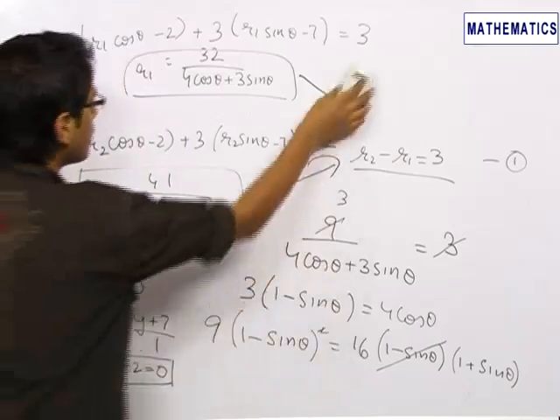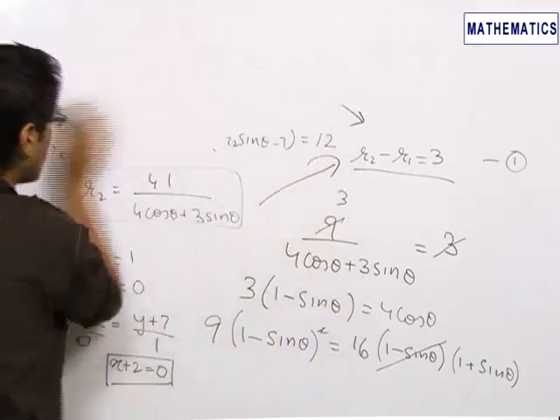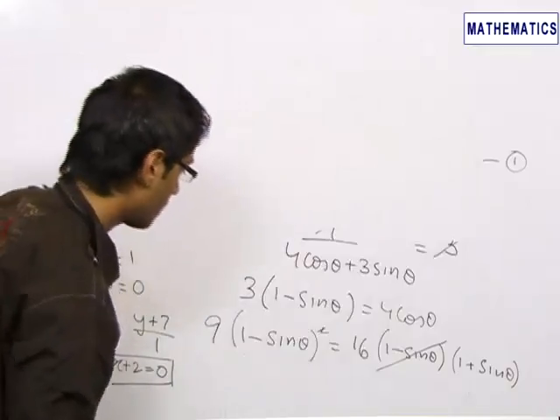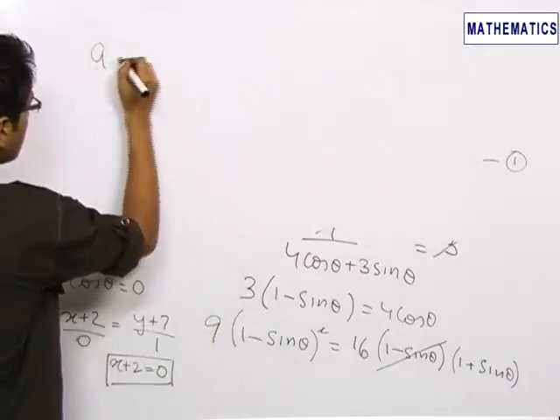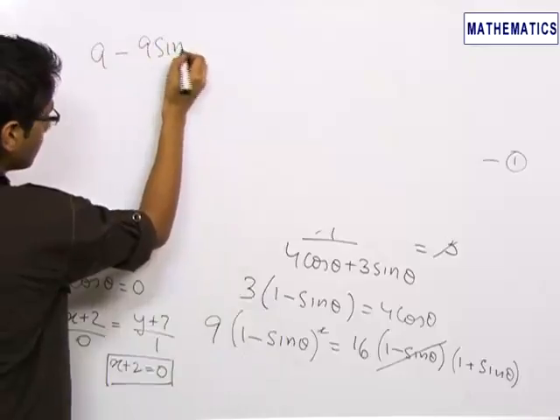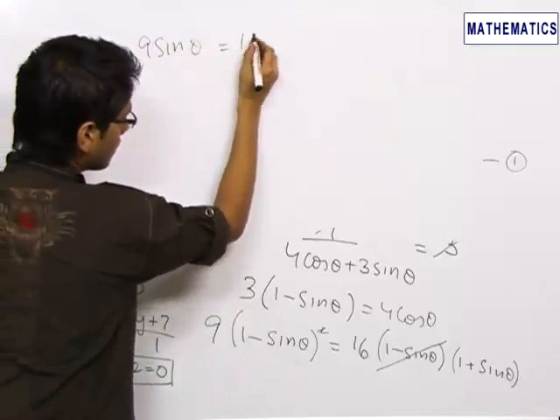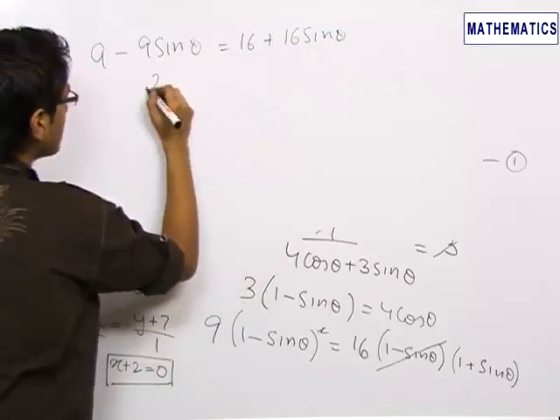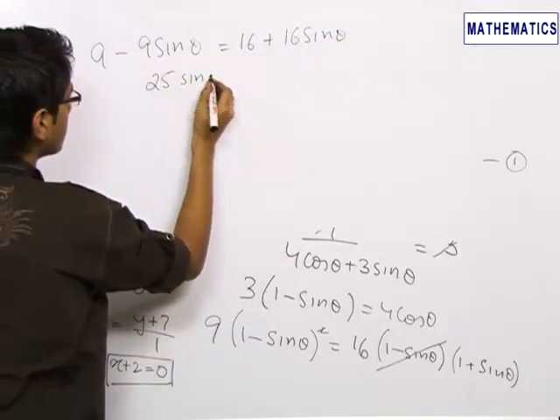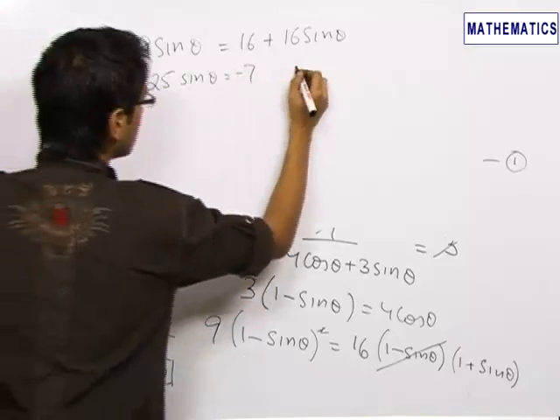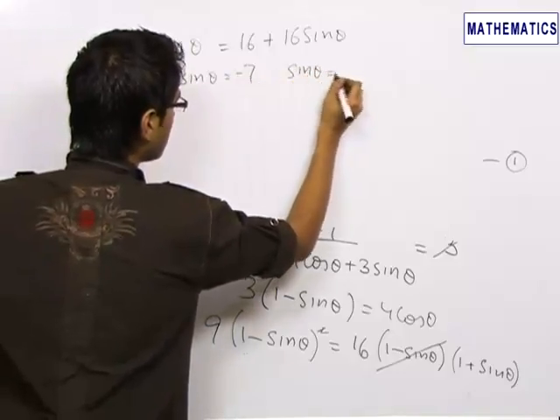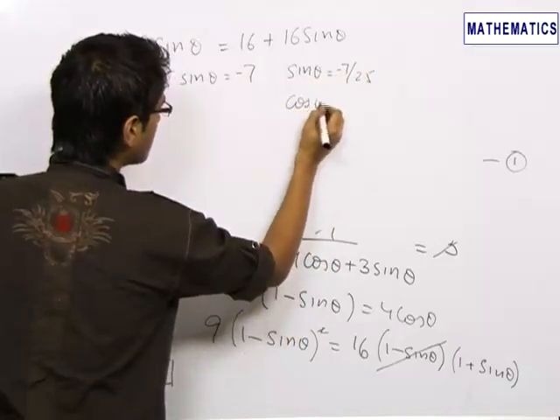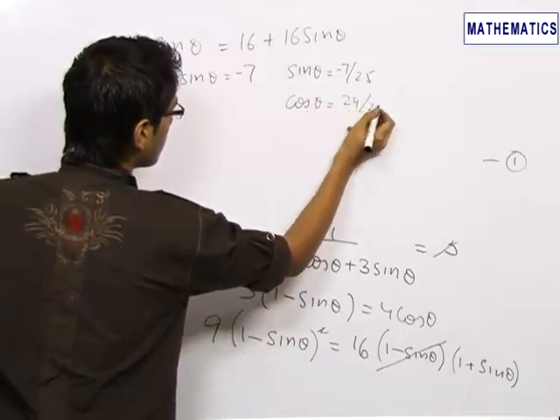Similarly, we can get another equation, as we have one more equation in sin theta and cos theta, which is 9 - 9 sin theta = 16 + 16 sin theta, which gives us 25 sin theta = -7, so sin theta = -7/25 and cos theta = 24/25.